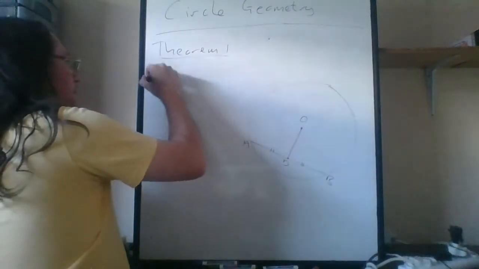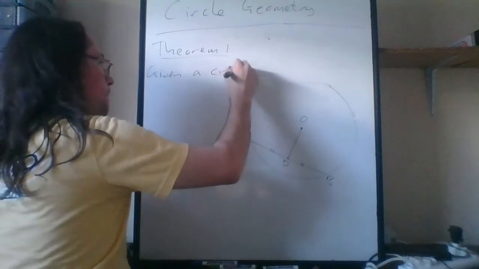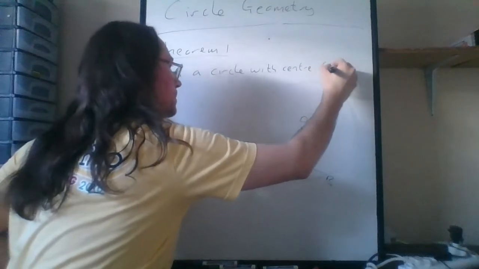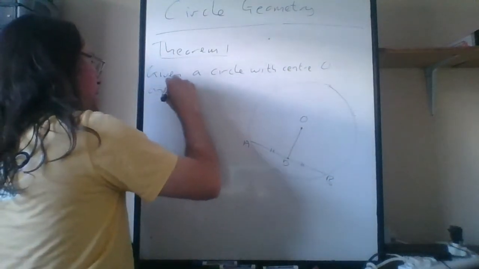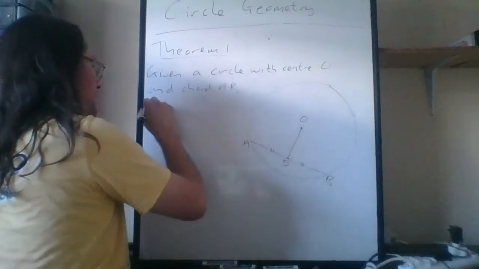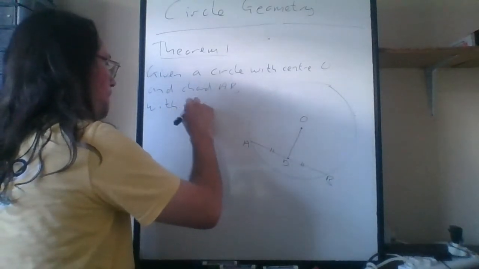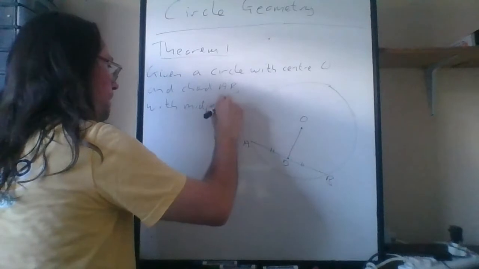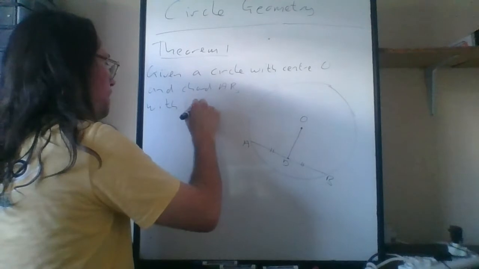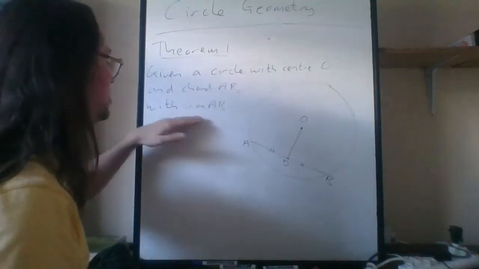So given a circle with center O, and chord AB with D on AB.